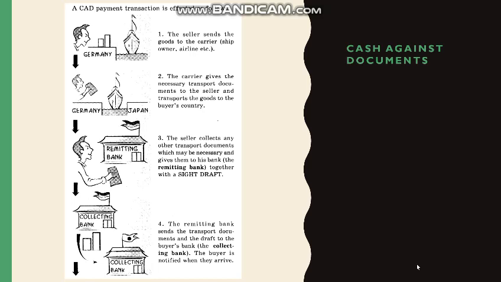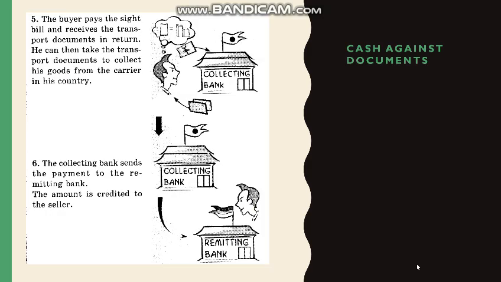Step 4, the remitting bank sends the transport documents and the draft to the buyer's bank or the collecting bank. The buyer is notified when they arrive. The next step, the buyer pays the sight bill and receives the transport documents in return.